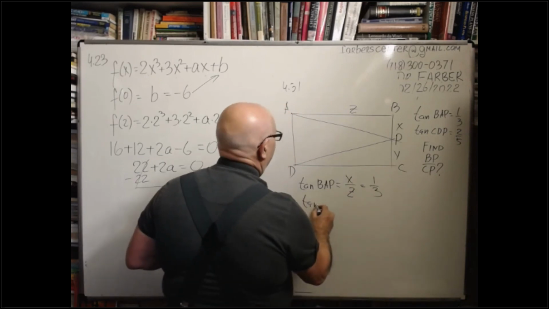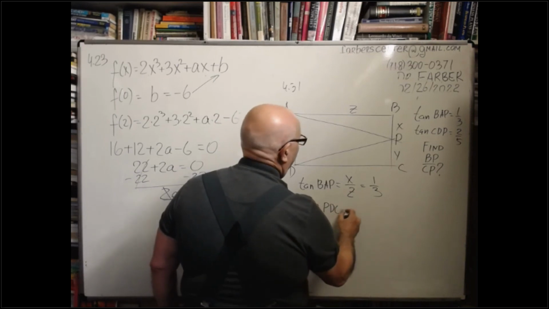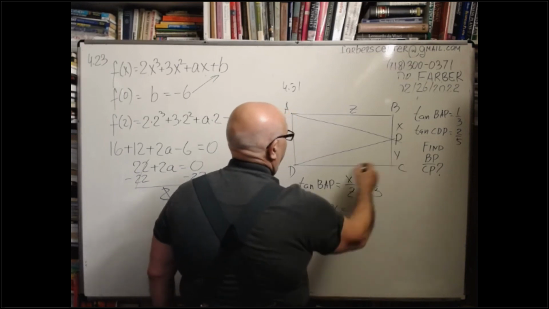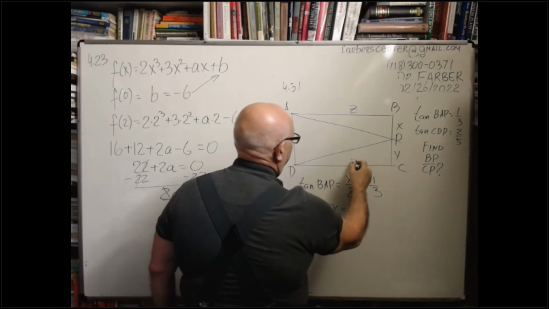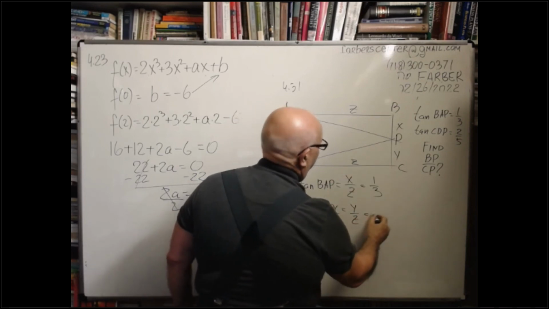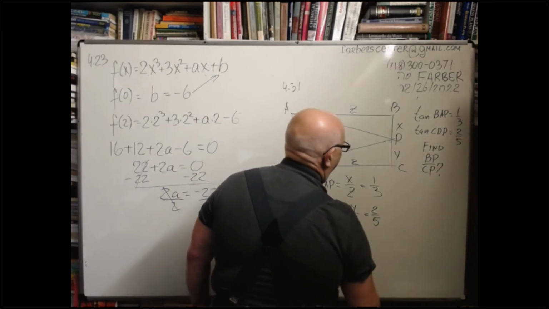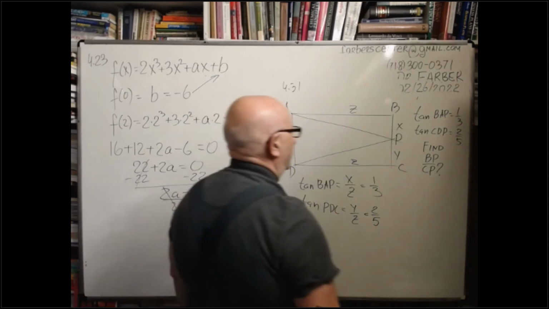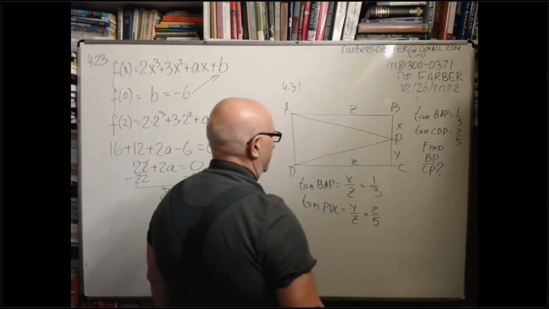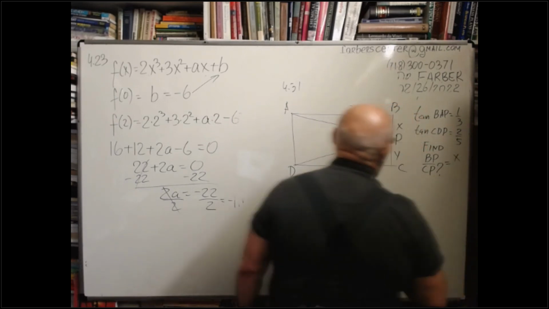Tangent of PDC equals y to z. These two opposite sides are the same. And this equals 2 over 5. What is BP? It's x. What is CP? It's y.